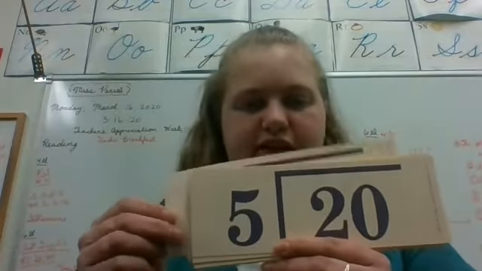Very good. 48 divided by 4 is 12. 21 divided by 3 is 7. 12 divided by 4, that's right, it's 3.